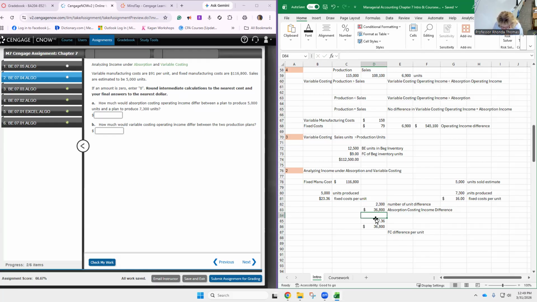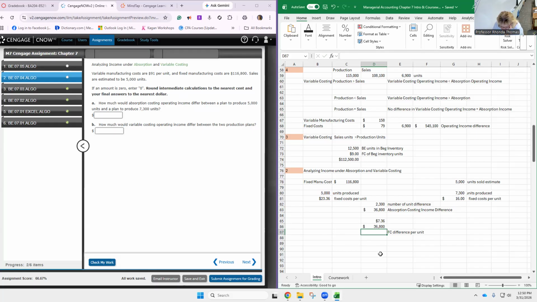Here's the other way to do it. Let's take the difference in the cost. So the difference between the two costs you see there, $23.36 minus 16 is 7.36, but then to get your 36,800, you have to take 7.36, that's the difference between the two costs, times 5,000 units.